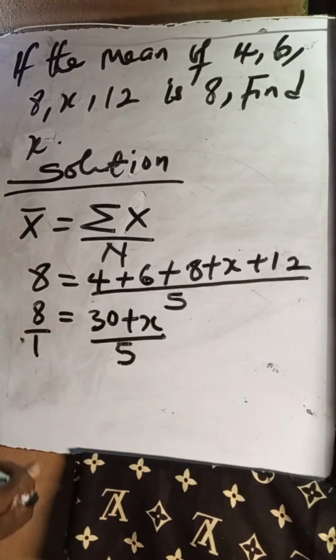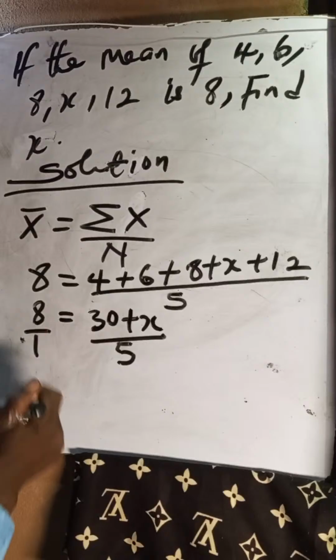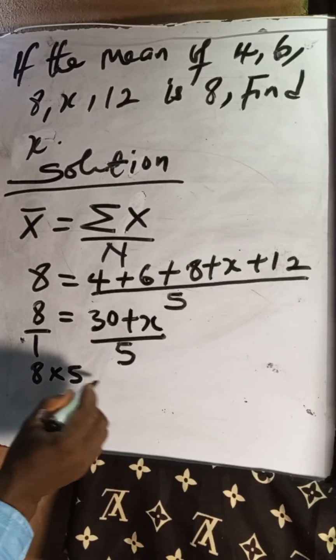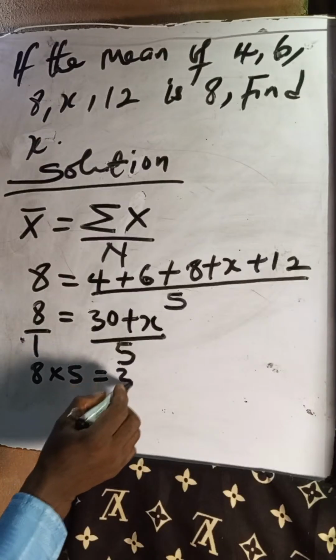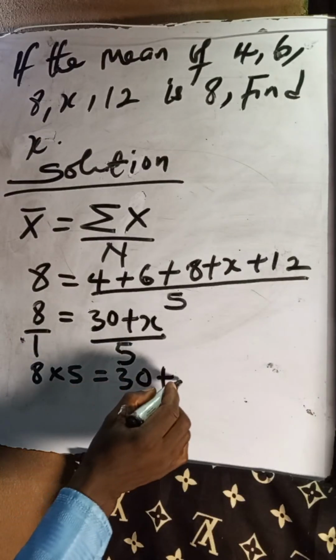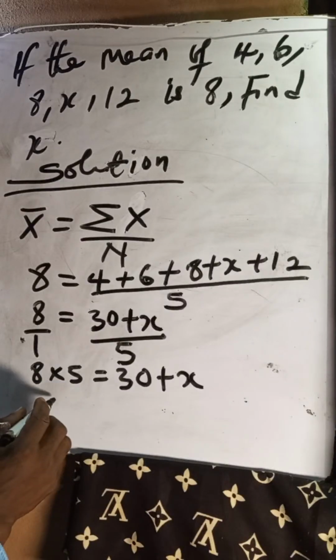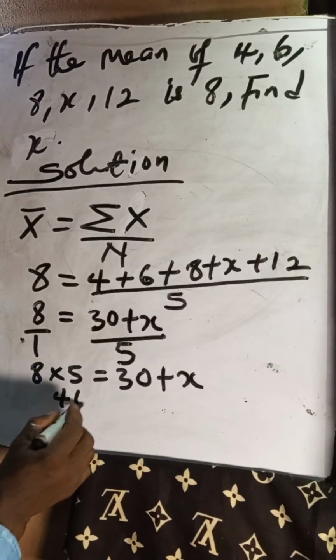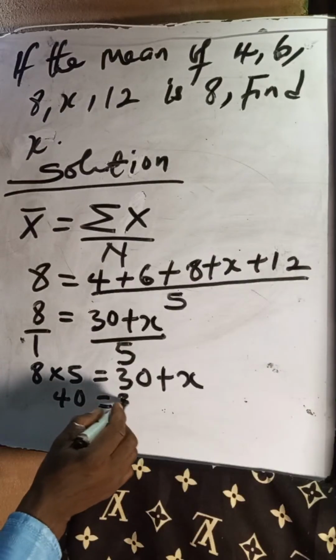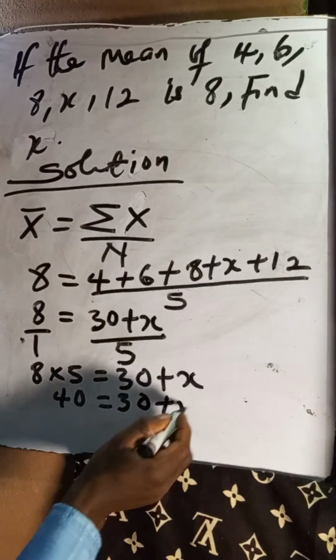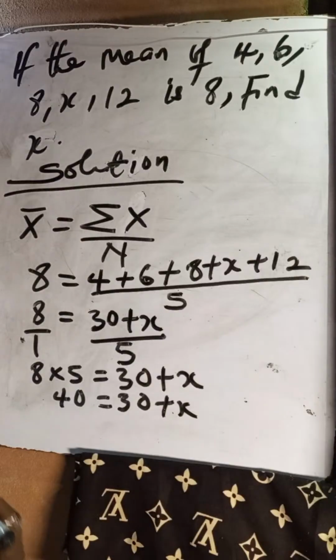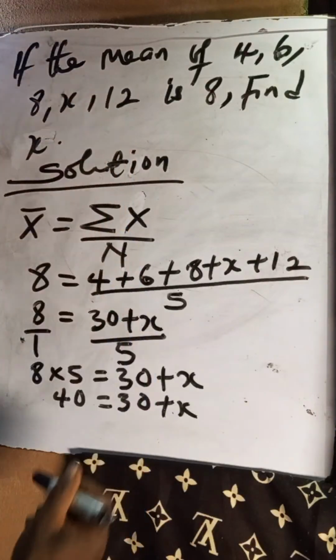If we cross multiply here, we have 5 times 8, or 8 times 5, equals 30 plus x. So 8 times 5 is 40, right? It means we have 40 equals 30 plus x. So it's now obvious that x is 10, which was what we got initially, right?